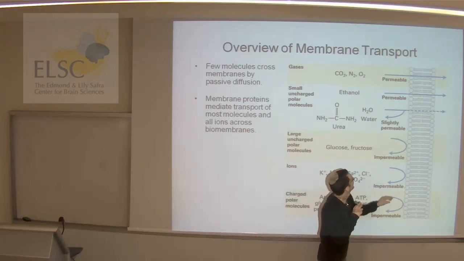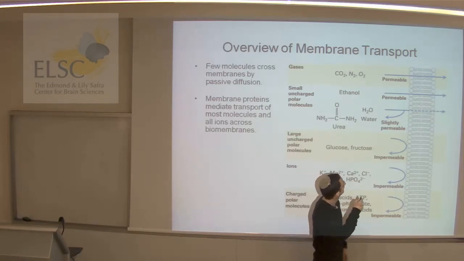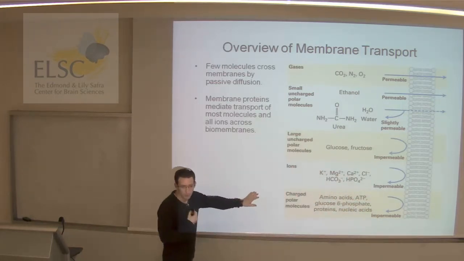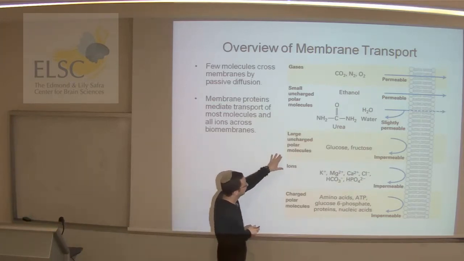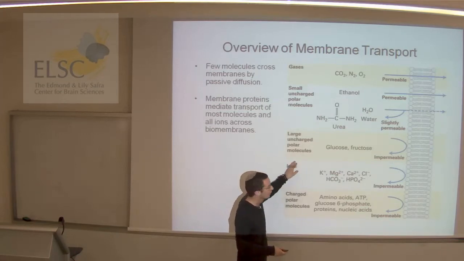Water, for instance, does have a specific channel on the membrane, but it can also pass partially, or under some conditions, just as it is through the membrane. But for most molecules, this is not true, and they have to have a specific active mechanism, transporters, channels, what have you, to allow transport across the membrane.